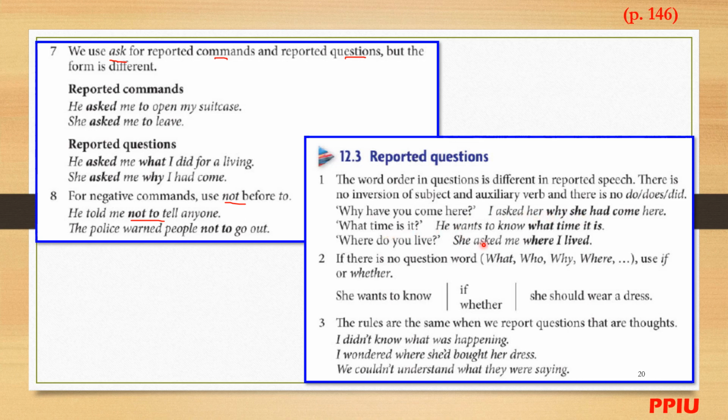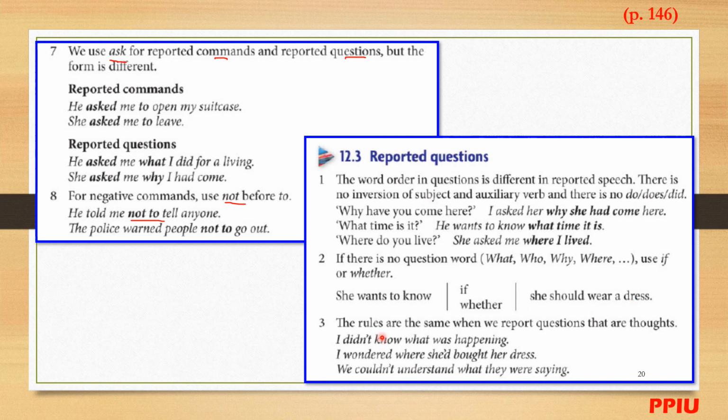He wants to know what time it is. Where do you live? She asked me where I live. Alright? Okay, if there is no question word, what, who, why, and where, use if or whether. She wants to know if or whether she should wear a dress.